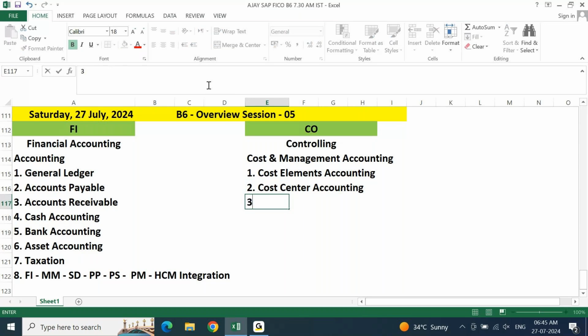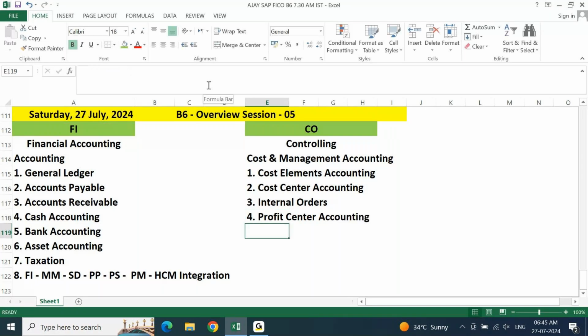Third one is internal orders. Fourth one is profit center accounting. Fifth one is product costing. And then sixth one is profitability analysis.